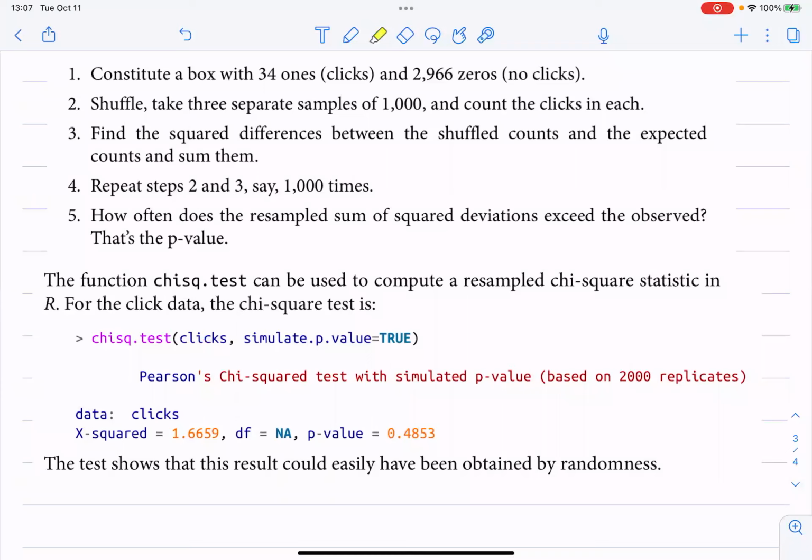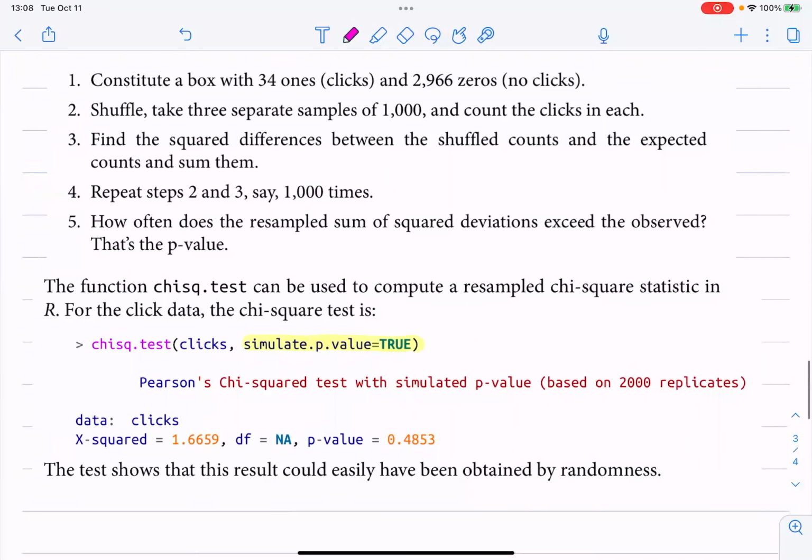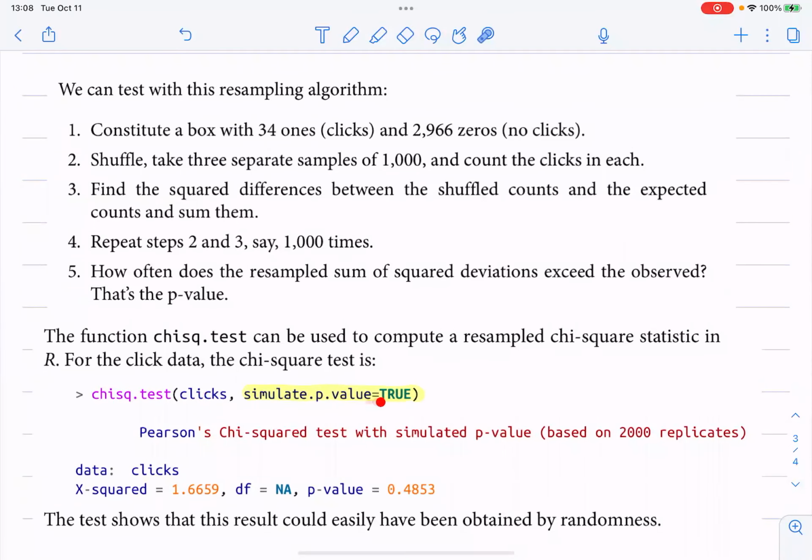So here, this part here makes it do these steps, right? And I think by default, instead of 1,000 times, it does it 2,000 times. Pretty sure that's what that means, right? And then it gives us this p-value, right?